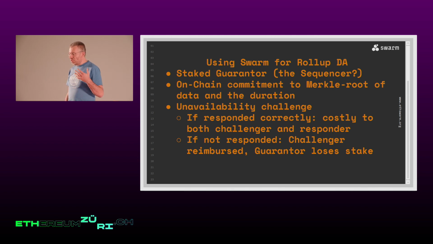And the storage incentives that I have introduced in the first half of my presentation actually incentivize the participants of the network to store them. And there's a separate set of incentives built into Swarm, which are the bandwidth incentives, which incentivize the nodes to actually make data that they do store also available.